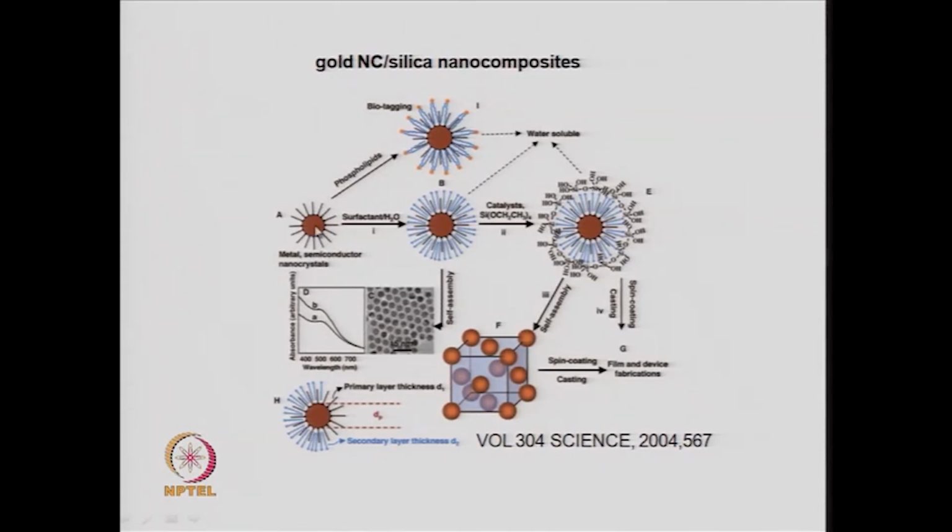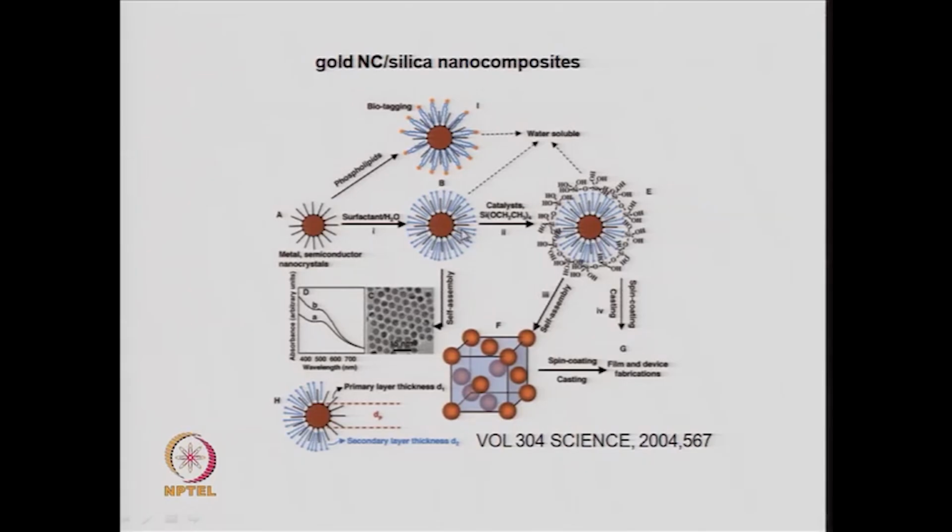Here we are discussing metal, and you can have different processes to get different properties. So, here you can see that phospholipids have been coated on these gold nanoparticles. Assuming A is gold nanoparticle, you have phospholipids on that, and phospholipids are water soluble. Similarly, you can have these gold particles capped with surfactants, and that is what it shows.